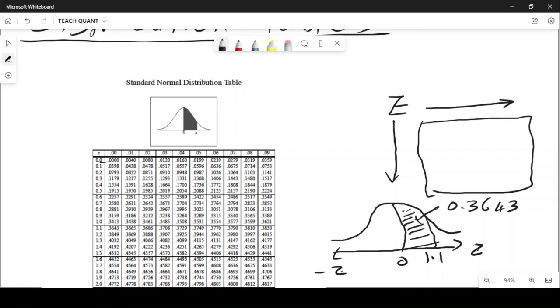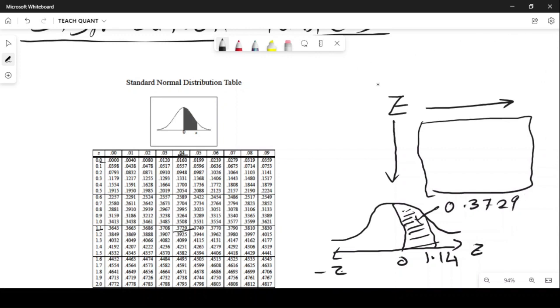Now, if it was 1.14, then things would have been different. We are not far off. You come to 1.1, which is here, and then you look for this 4. Where these two meet is this value. It is 0.3729, and that will read for us the value on the positive side.